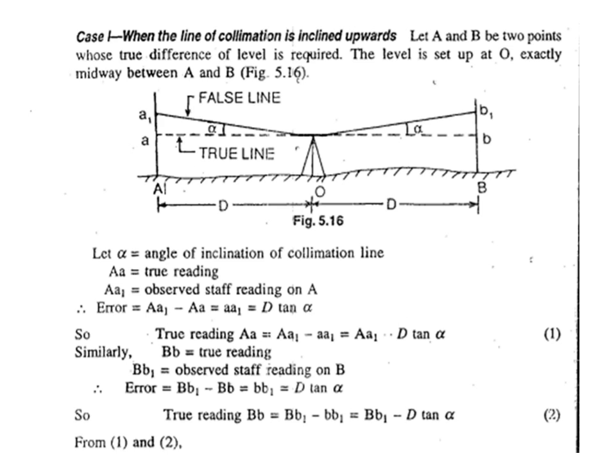So in this slide we are going to see when the line of collimation is inclined upwards. Let A and B be the two stations whose true difference of level is required.